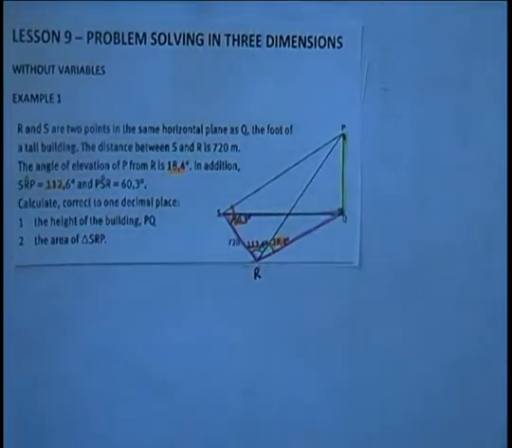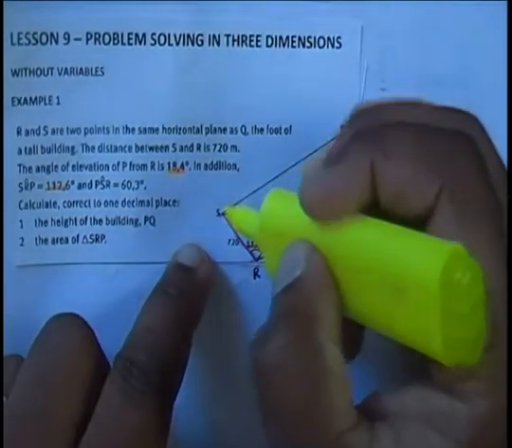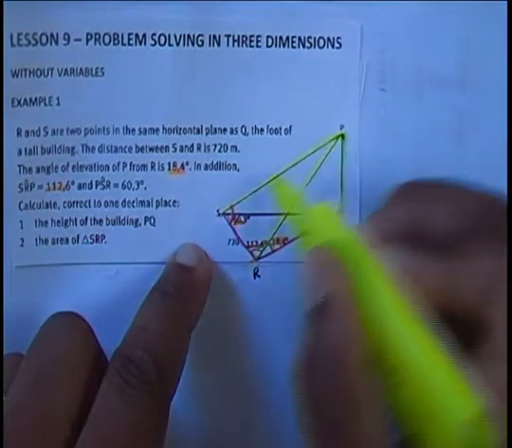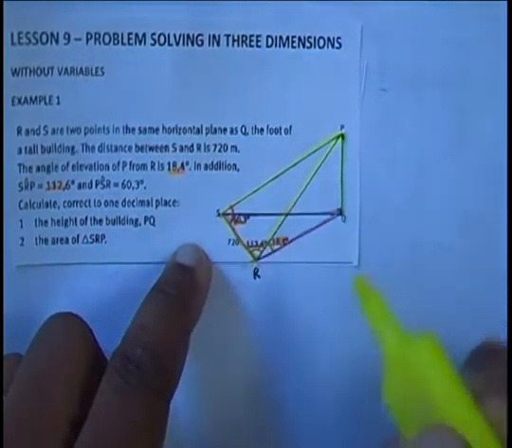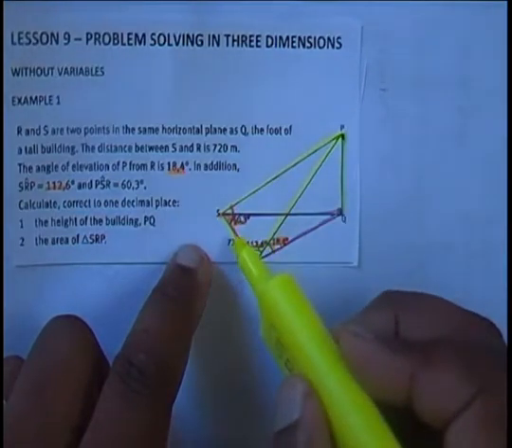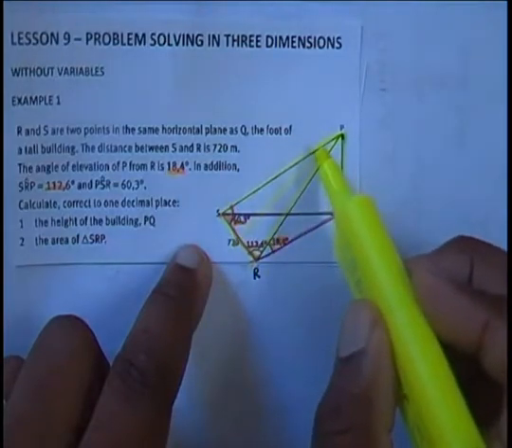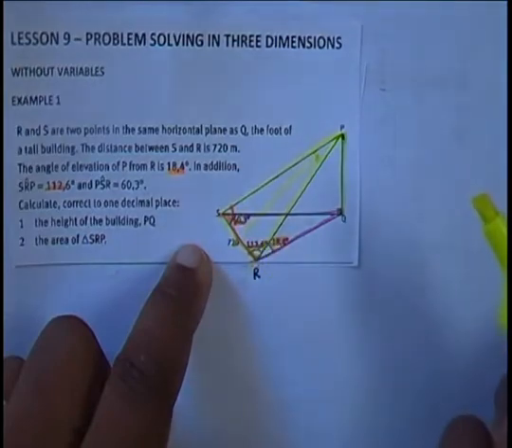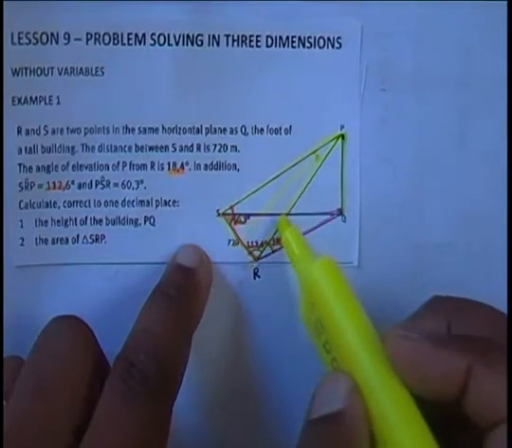So we can derive PR from this triangle. Okay, so I know 2 angles and 1 side. That means we're going to use the sine rule. Okay, so 720 over that angle, but we don't know that angle, but it's easy because it's the 3rd angle of the triangle, and thus divided by that.